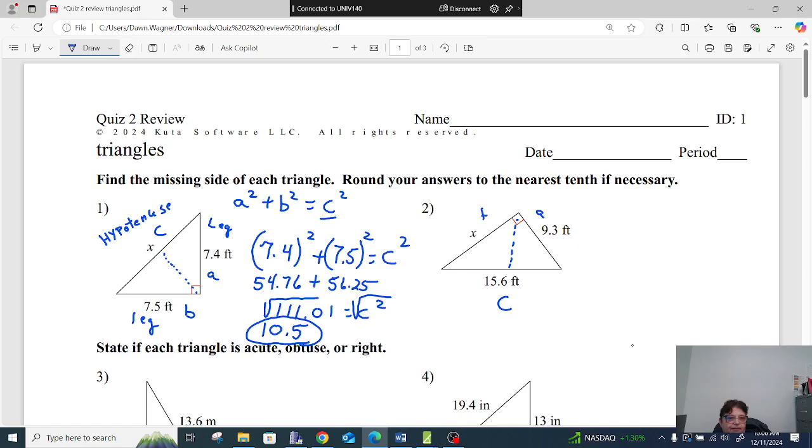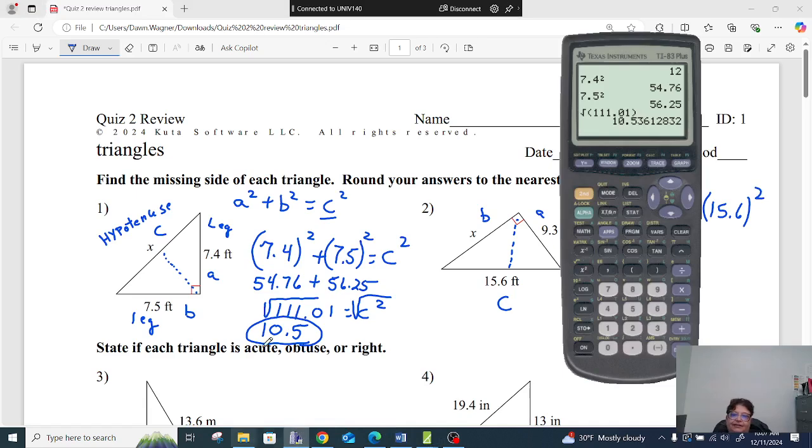I always like putting A with the smaller one. So I get 9.3 squared plus B squared has to equal 15.6 squared. So we're going to go ahead and do that with the calculator.